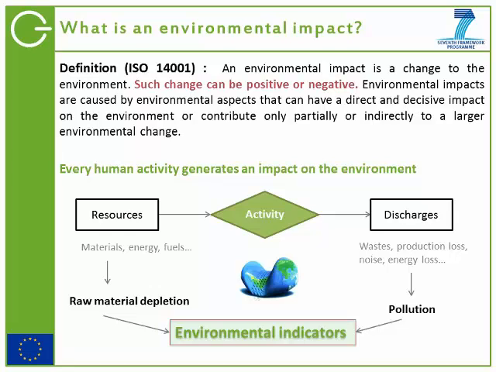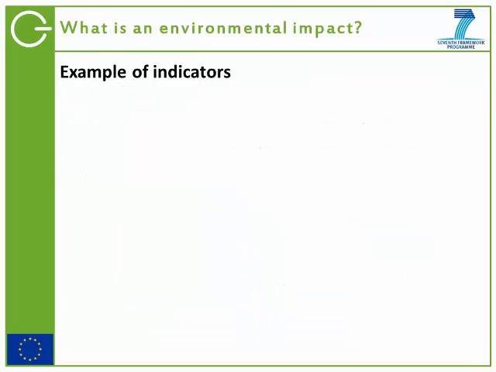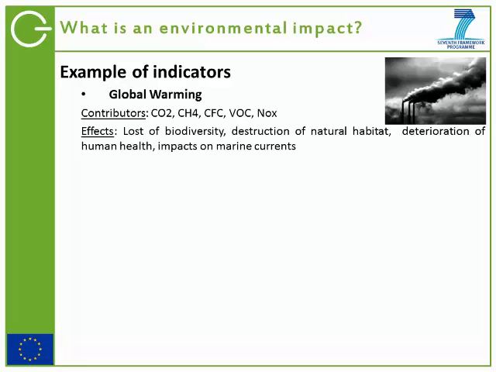One example of such an indicator is raw material depletion, that represents the extent to which an activity requires resources, materials or fuel, to be realized. There are different types of environmental indicators, and further details on environmental indicators are provided in Module B, Part 1.